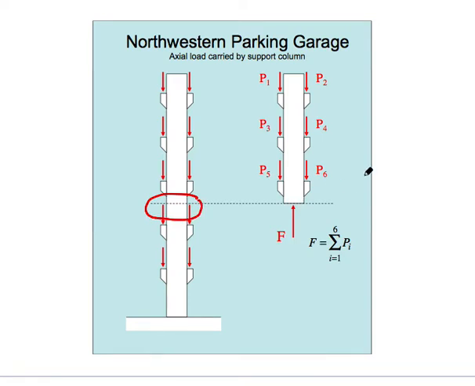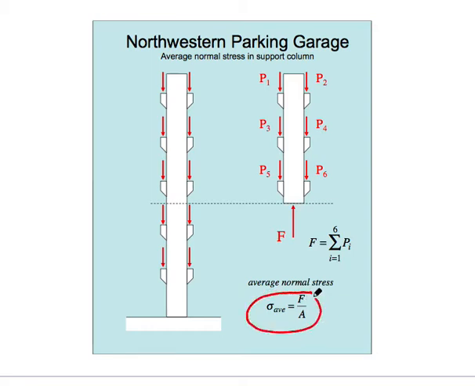And from a very simple equilibrium equation, we can find that internal resultant force F. That's just the sum of the reactions acting on it by the horizontal support beams that are provided support through the column. If we're interested in the stress itself, we know that the average stress in the cross section is simply that resultant force F divided by the cross-sectional area A.